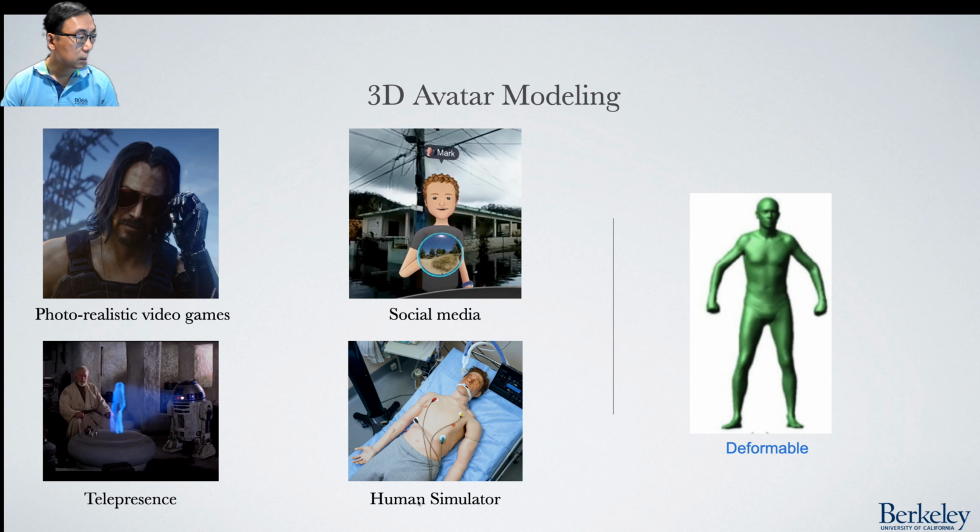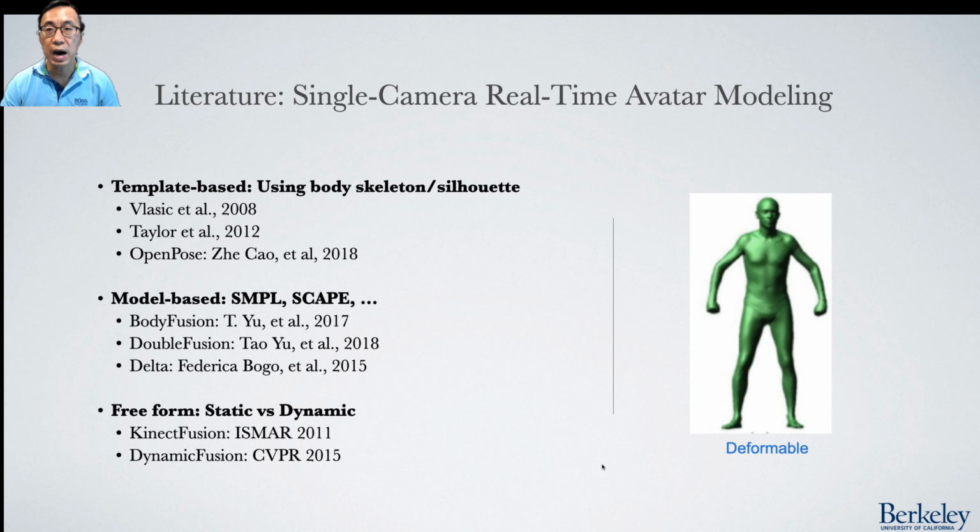In the literature, tracking deformable human avatars can be achieved by an offline multi-camera system to capture all the light field from 360 degrees. However, for most mobile AR applications, it is more desirable to use solutions that are real-time and only require a single camera.